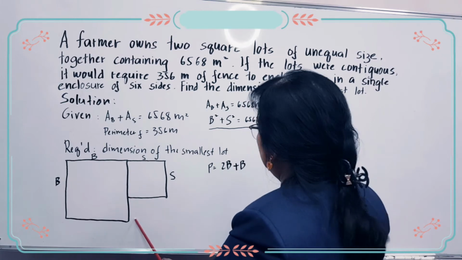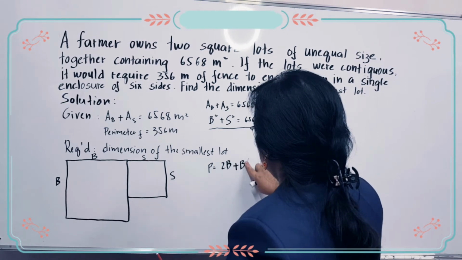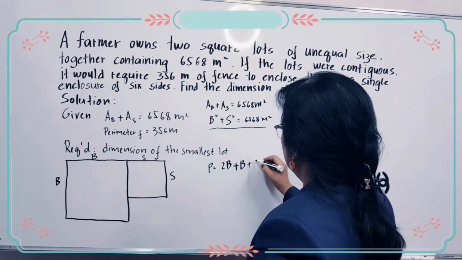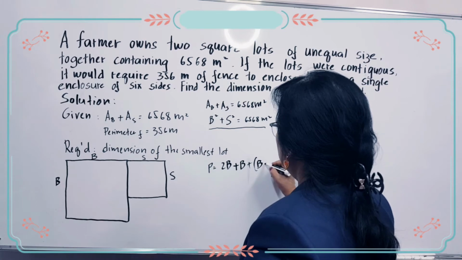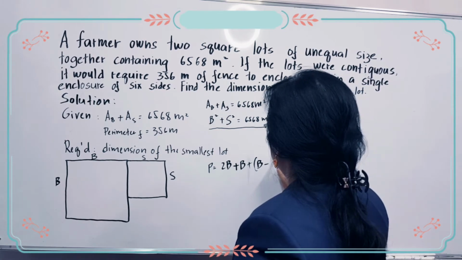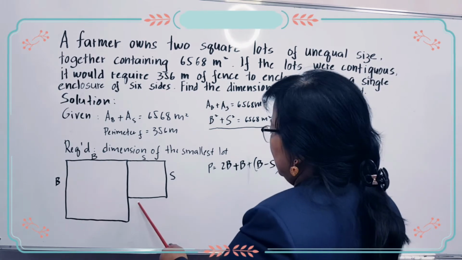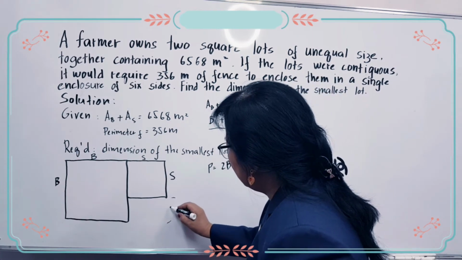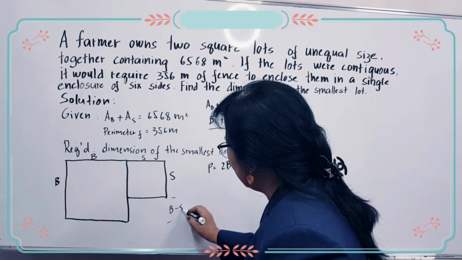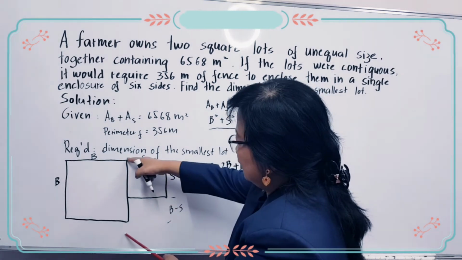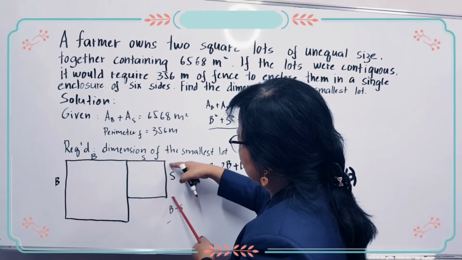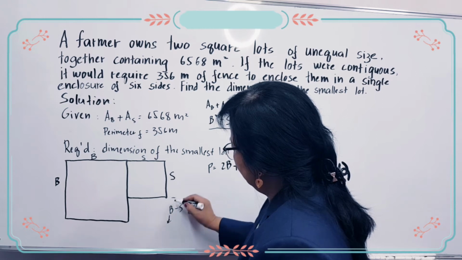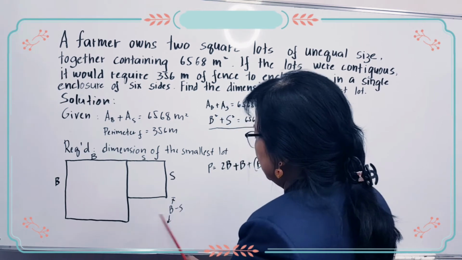It will be B minus S. The side minus this small side will result to this distance.